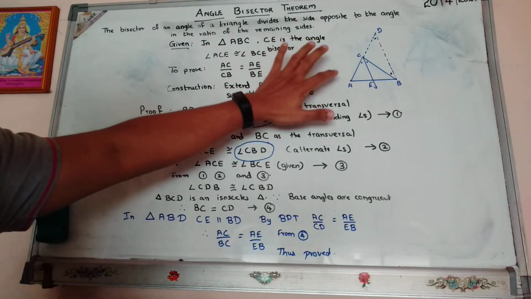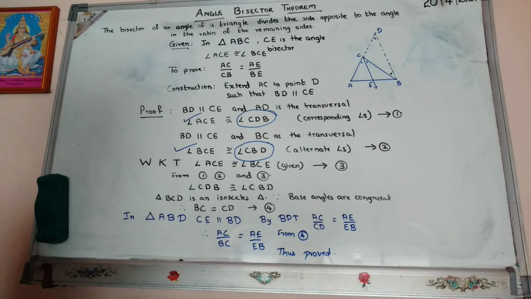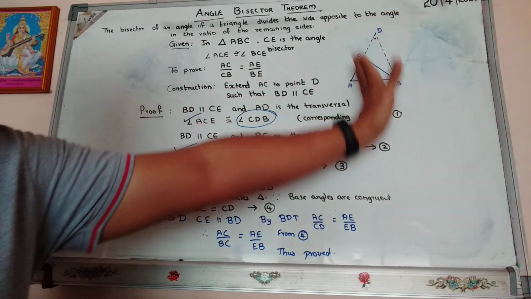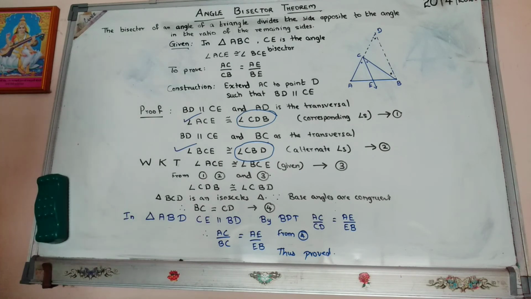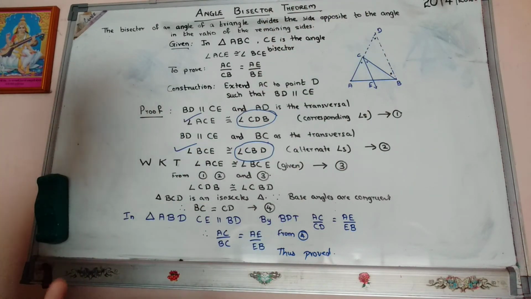To prove: AC upon BC is equal to AE upon EB. Construction: extend AC to point D such that BD is parallel to CE. Next, we consider the same two parallel lines and only change the transversal. The first transversal will be AD and the next time the transversal will be BC.